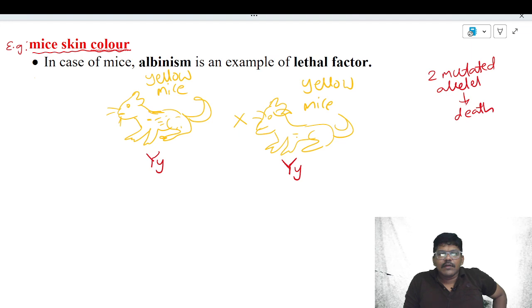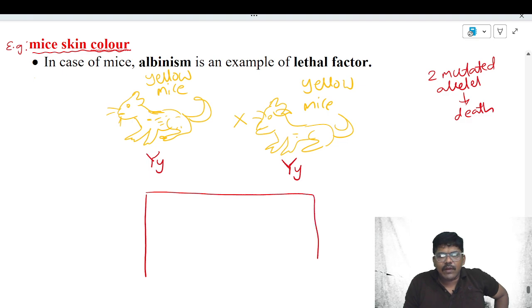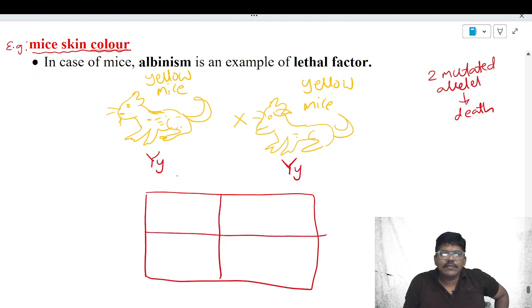Then if you cross these two mice, we can see the formation of offspring. First, in the formation of gametes, one gamete of each mouse contains only the dominant allele and another contains the recessive: capital Y, small y, capital Y, small y.